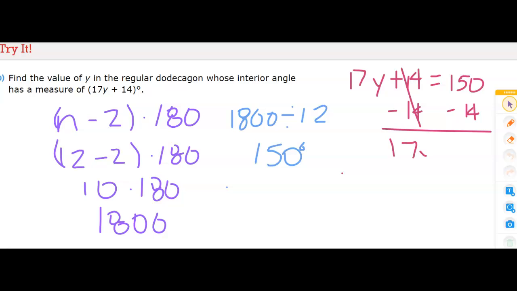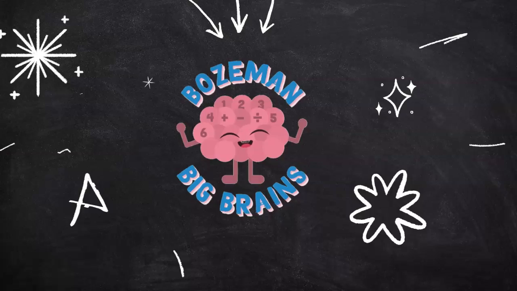We have 17 times y is equal to 136, and then you solve for y by dividing by 17 on both sides. That cancels. y is equal to 8. And now we've found the value for y.